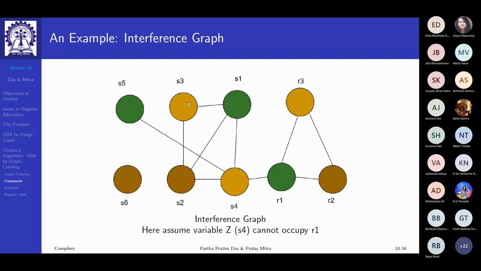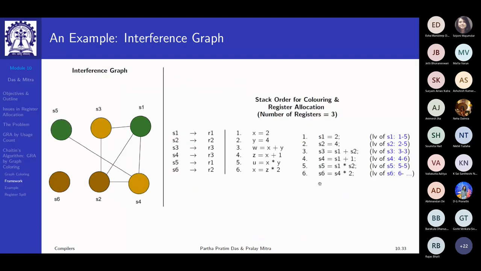In fact, while we construct this, we can also put some additional constraints. For example, in the interference graph, we can say that I do not want Z, which is S4, to be in register 1.